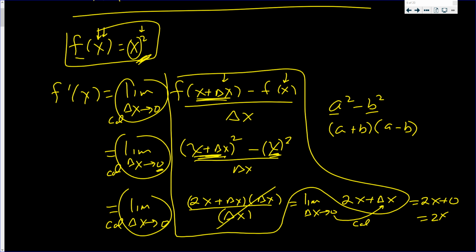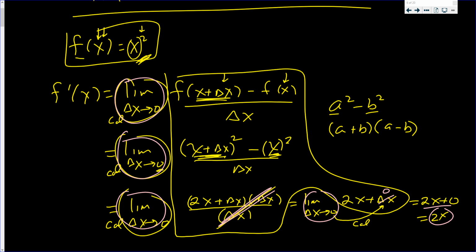Plugging in 0 for the delta x. Everything else was algebra. The calculus was literally trivial. You may not know why you're writing this, but you keep writing it, and after you cancel out delta x over delta x, plug in 0 for delta x, and you're done.